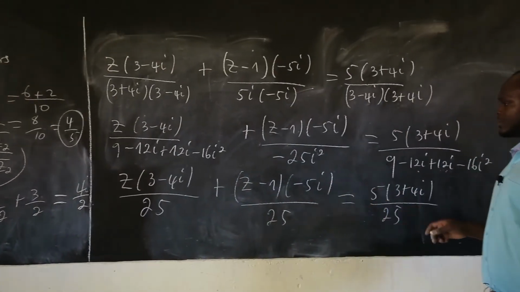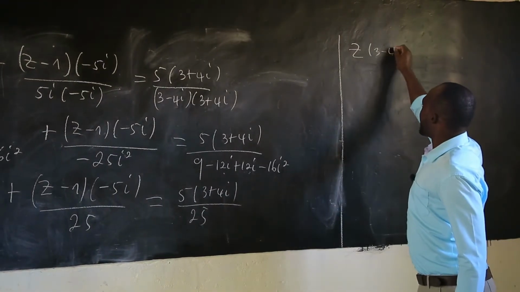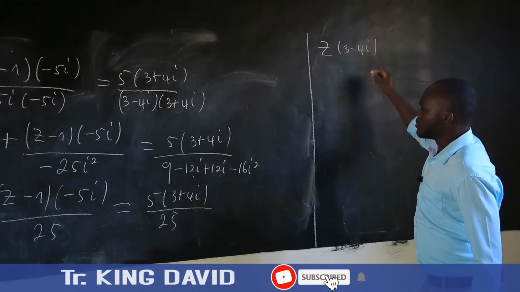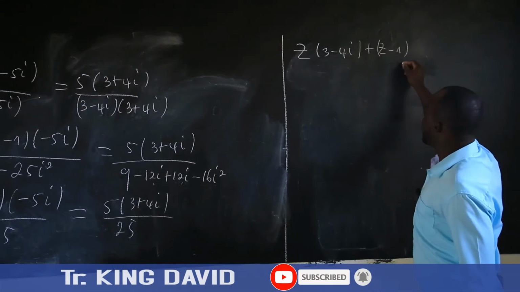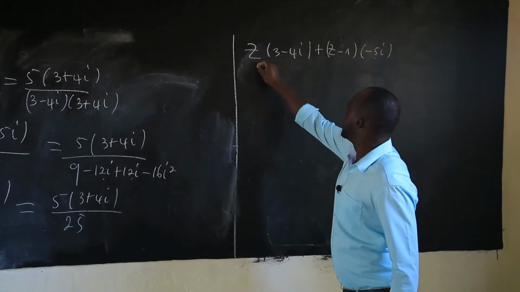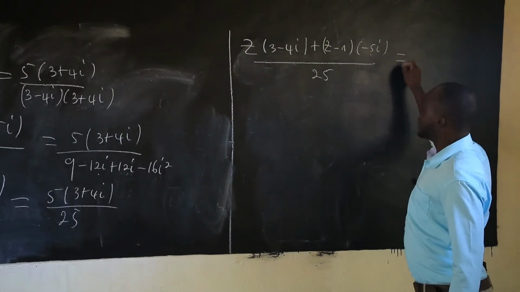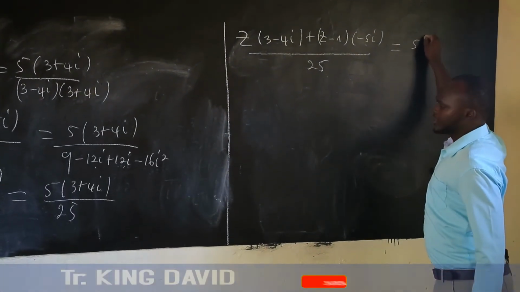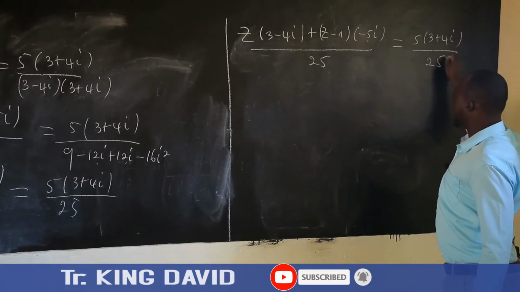If we add the numerators, it becomes Z times 3 minus 4i plus Z minus 1 times negative 5i over 25, which is equal to 5 times 3 plus 4i divided by 25.